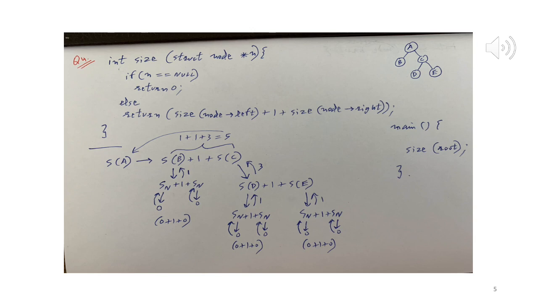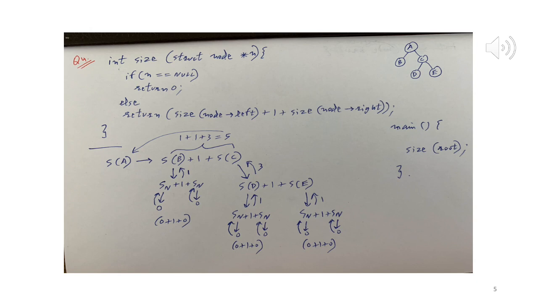So if P is a pointer to a particular node, then P arrow member 1, P arrow member 2. Using that notation, we can access individual member variables of a particular node. So we are calling this function size with a pointer to the root node in the tree.